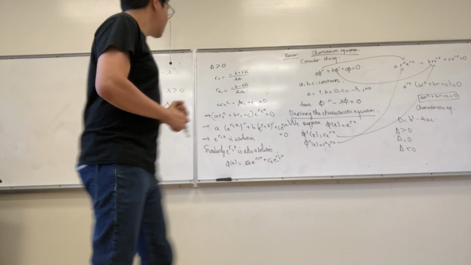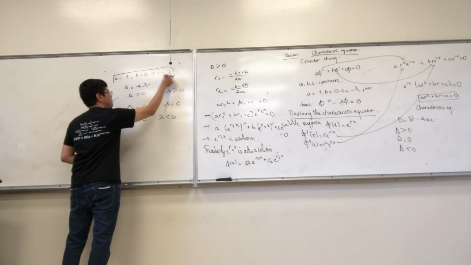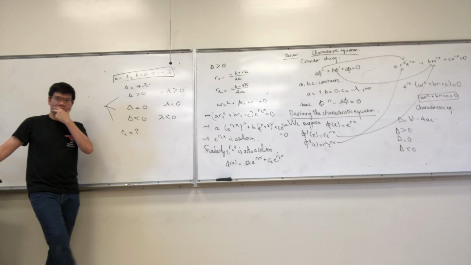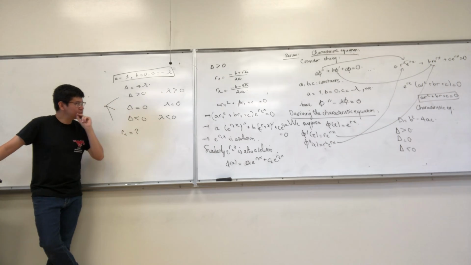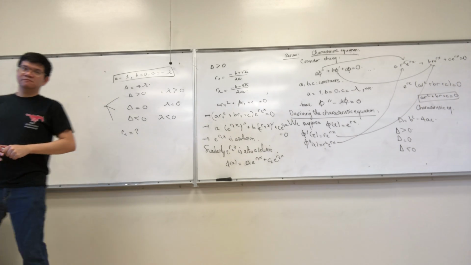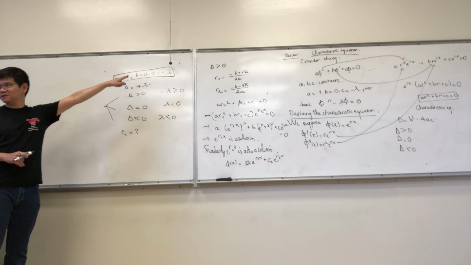Now, in the case that I have here, what is R1? R1 is computed this way, and you have A is 1, B is 0, C is minus lambda.